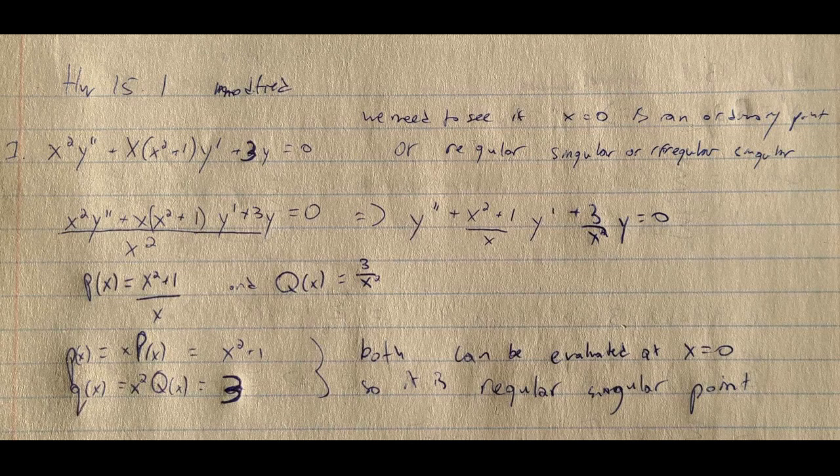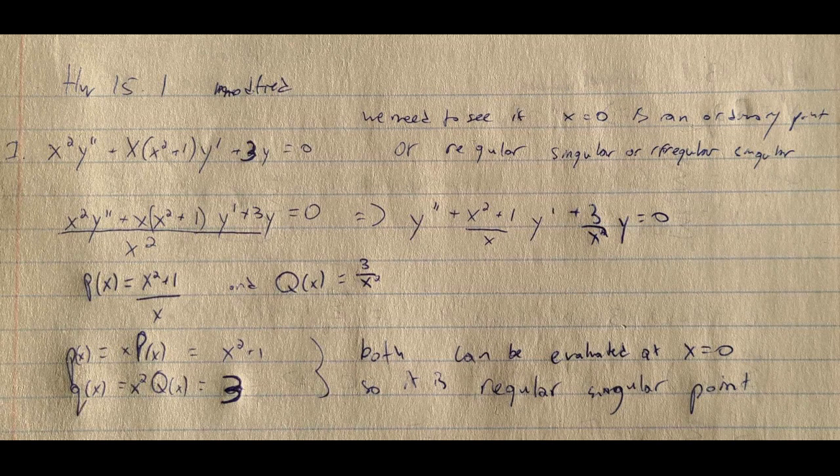I'm reading from the notes on page 2 of day 15. We're supposed to get y double prime plus capital P of x y prime plus capital Q of x y equals 0, where P of x is B of x over A of x, and Q of x is C of x over A of x.